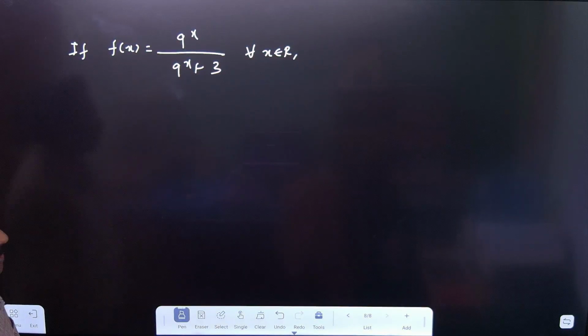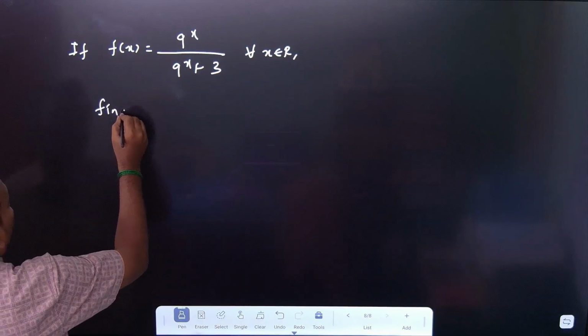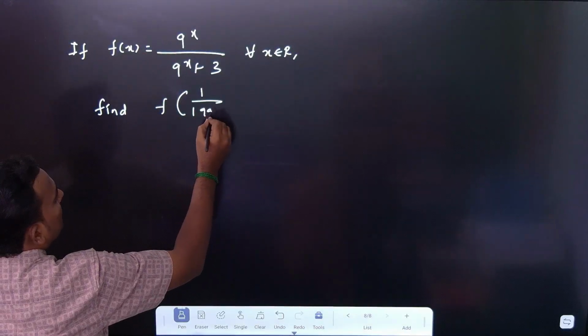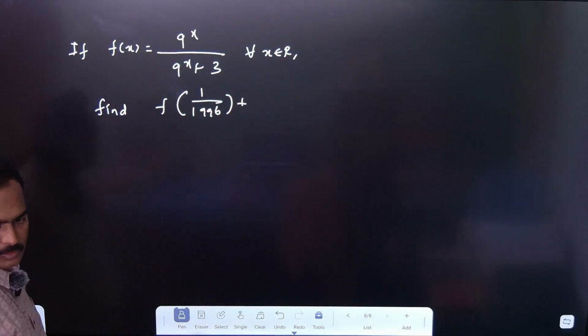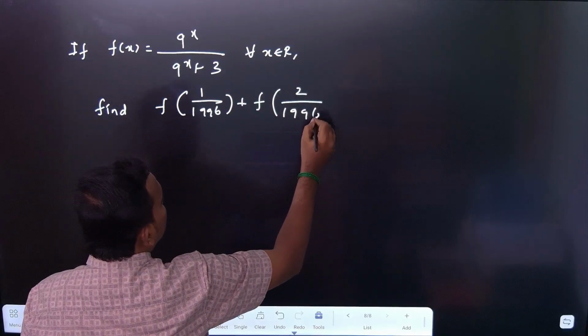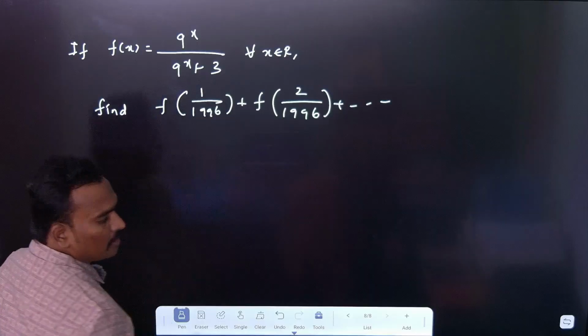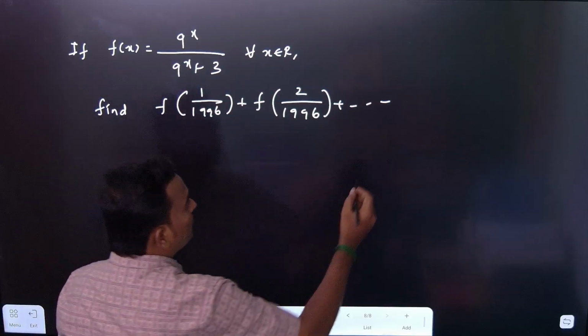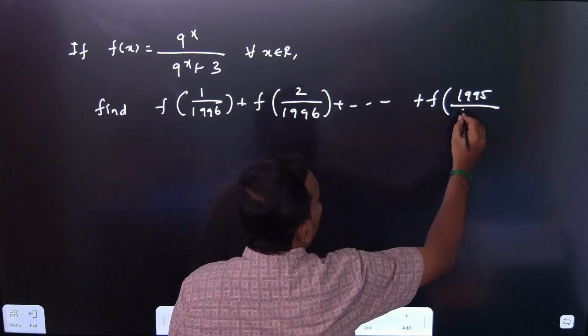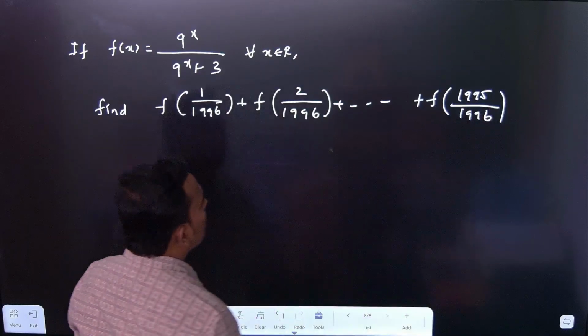What they're asking actually is, find the sum f of 1 by 1996 plus f of 2 by 1996, and so on. You have to find out up to f of 1995 by 1996.